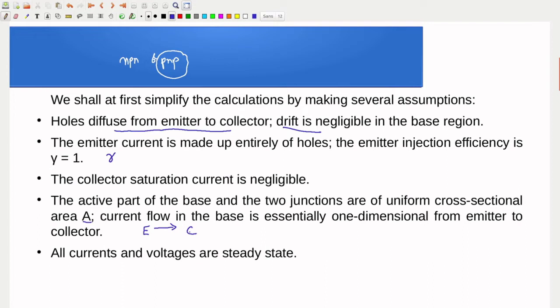And above all these assumptions, we assume that the currents and voltages are steady state.